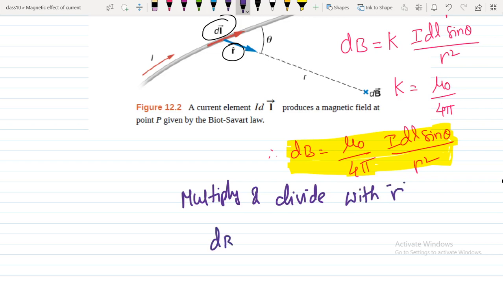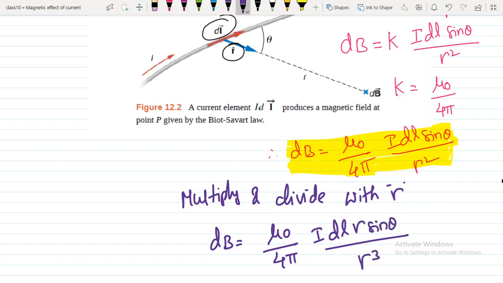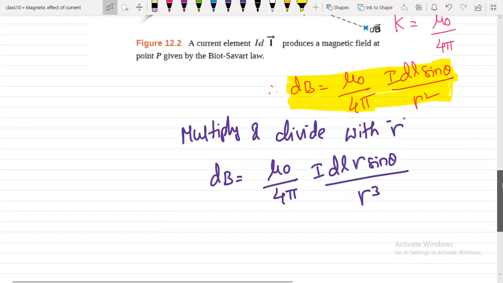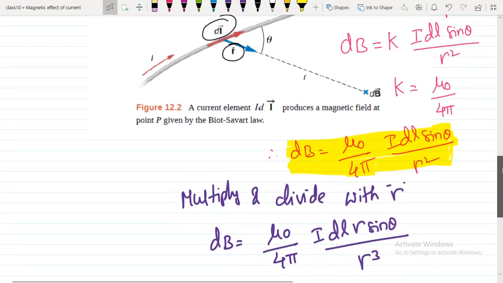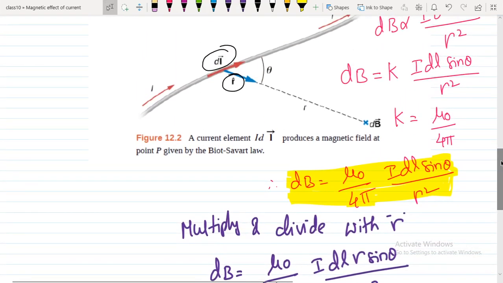Therefore dB equals mu naught upon 4 pi times I dl r sine theta upon r cube. Here r is a position vector and dl is also a vector.